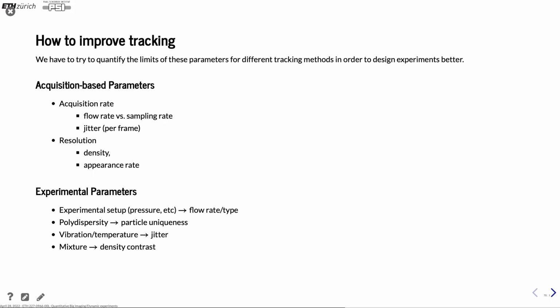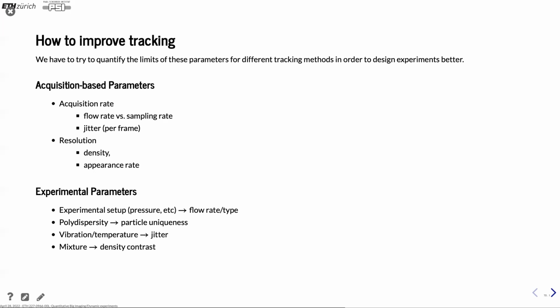The resolution, of course, depends on how much you have in the image, how small the objects are, and at what rate you want them to appear. And from the experiment point of view, you can play with different setup parameters like the pressure, flow rate, and type. You can also play with the particle uniqueness, and of course, check that you don't have too much vibration and temperature changes.